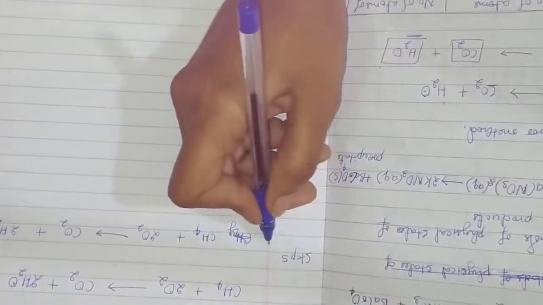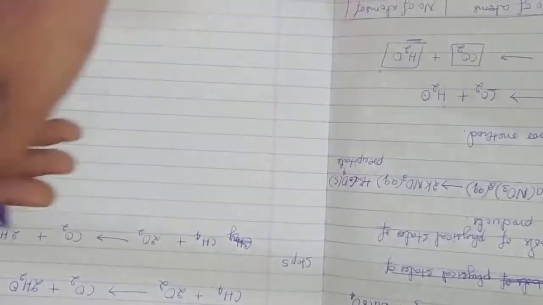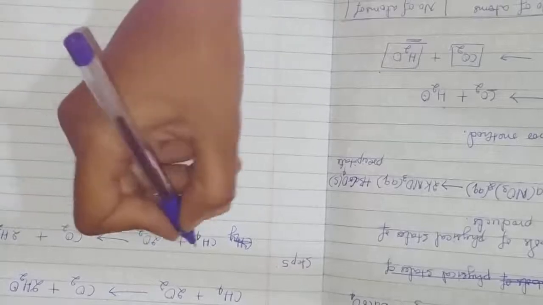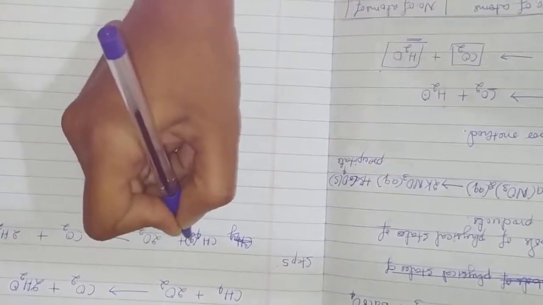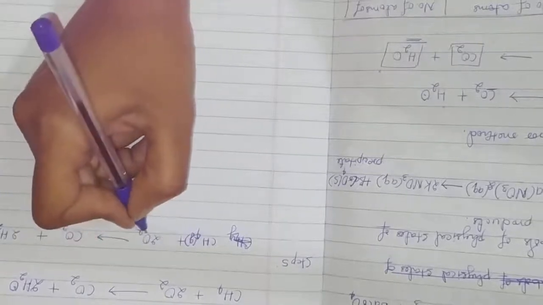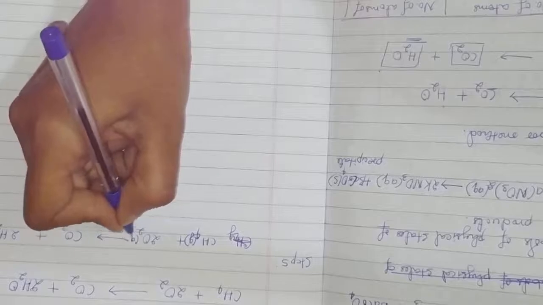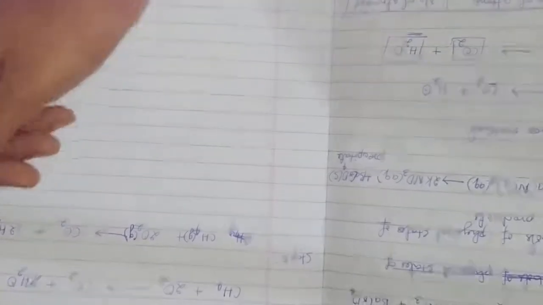In step 5 we will write the symbols of the physical states of reactants and products. Initially I told that methane is a gas, so here we will write G inside the bracket. This methane is burned in presence of oxygen gas. Therefore, here also this oxygen is a gas. We will write G inside the bracket.